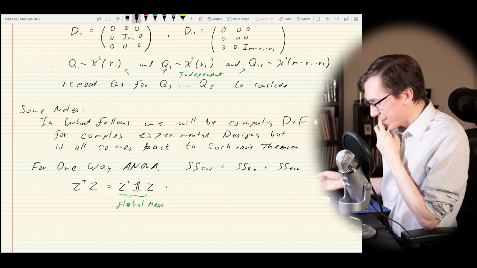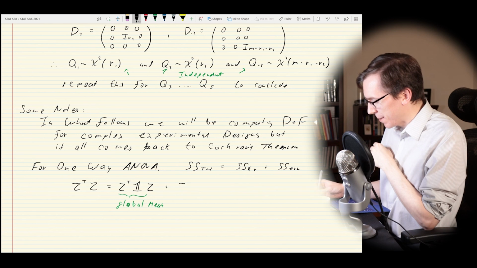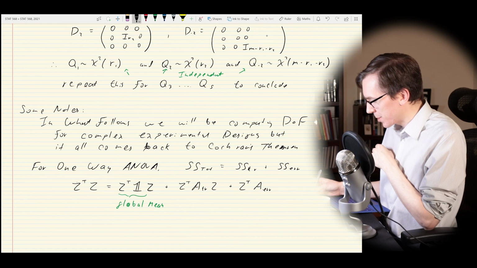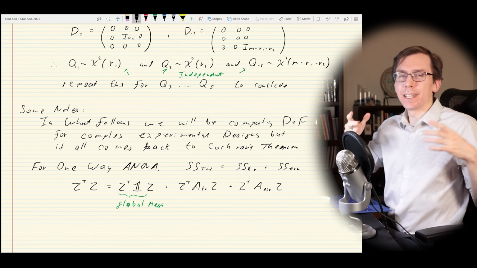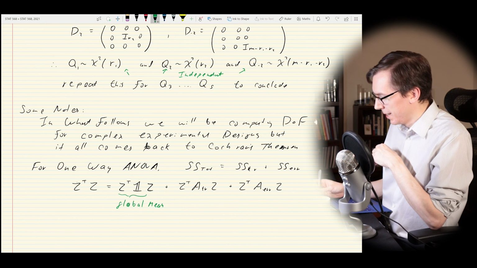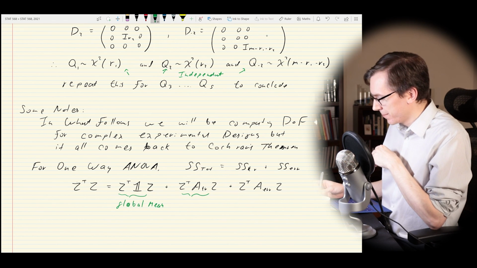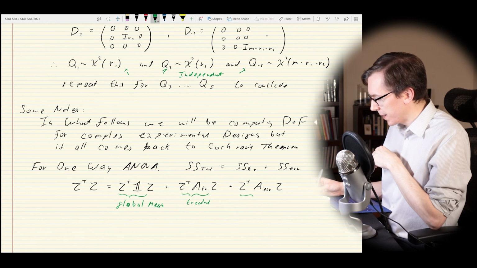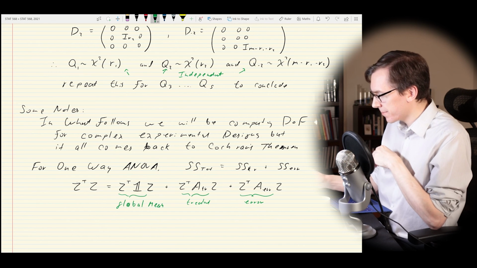We would also have our treatment sum of squares, which would be some other z transpose times a treatment matrix. And then we'd have the error sum of squares, something like a matrix times z. So really what we're doing is decomposing all the degrees of freedom for the total sum of squares into pieces.